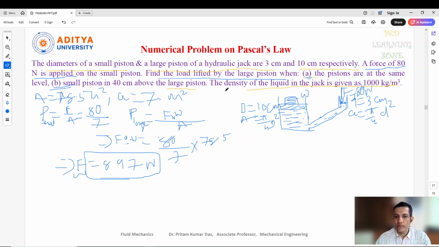The second condition is given: now, when the small piston is, we need to draw another diagram. So let's consider another diagram for this. Here it is like this.